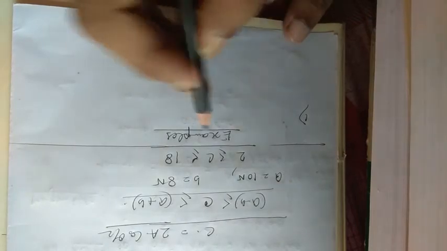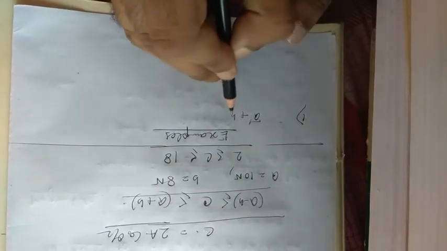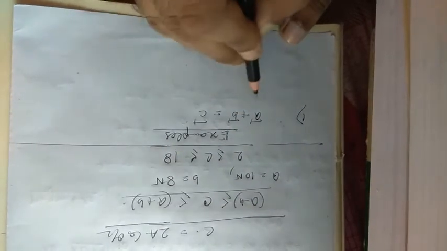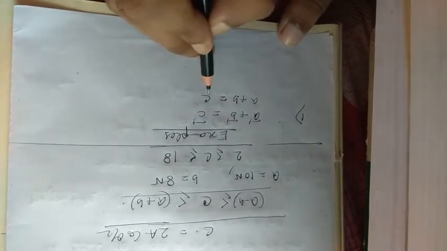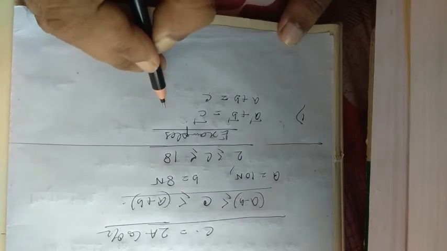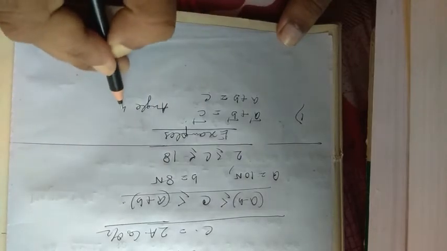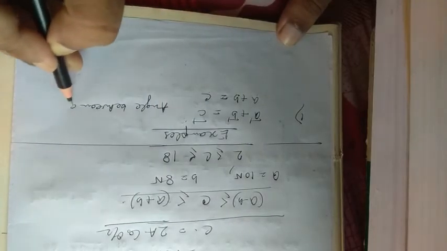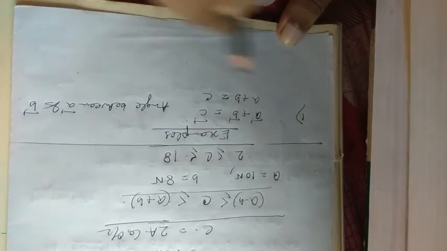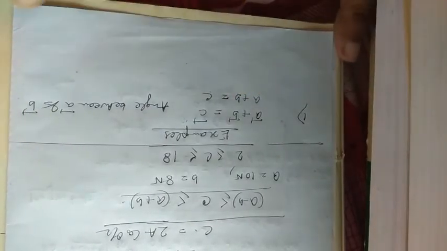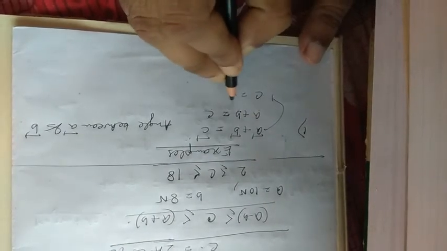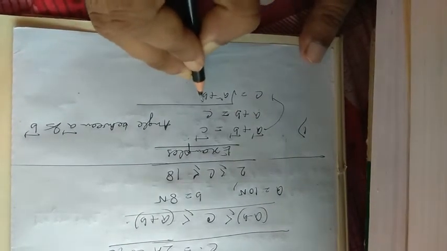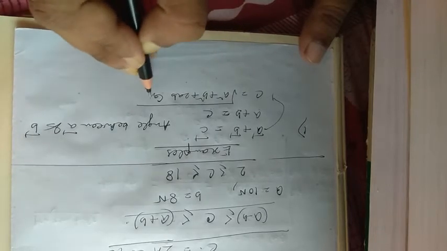Now let us take one or two examples. Vector A plus vector B is equal to vector C, and the magnitude relation is A plus B is equal to C. What we have to find out is the angle between A and B. From this relation we can write C is equal to square root of a square plus b square plus 2ab cos theta.